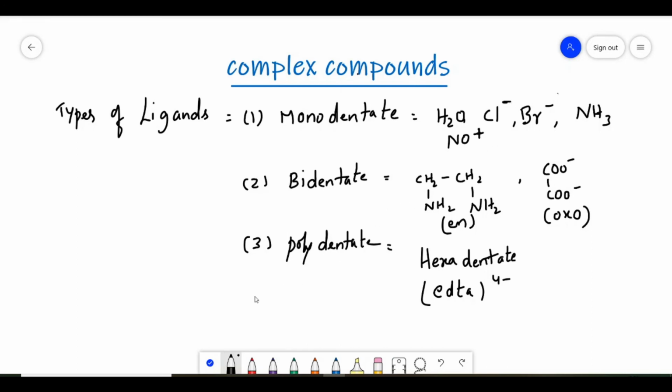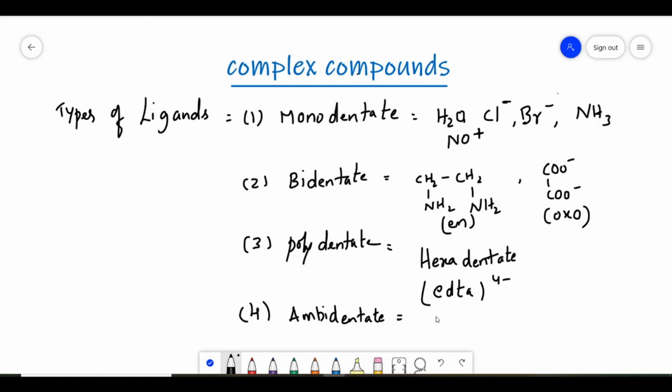And there is one more, which is called ambidentate. In an ambidentate ligand, there are two possible bonding sites in one molecule.